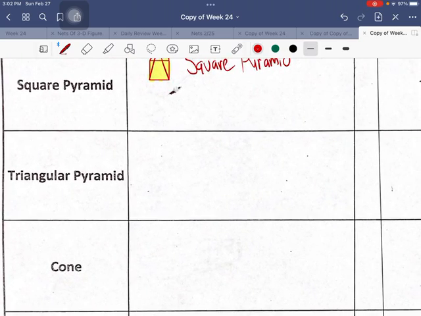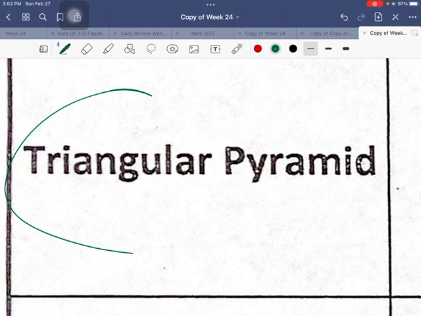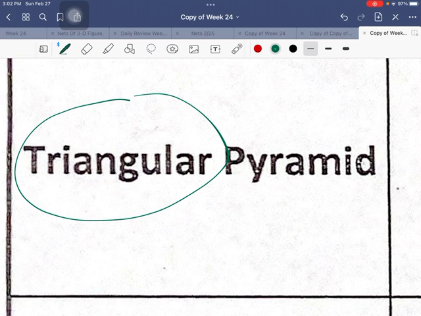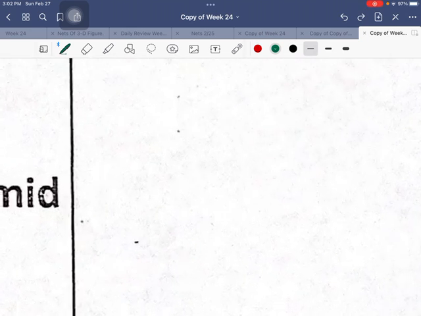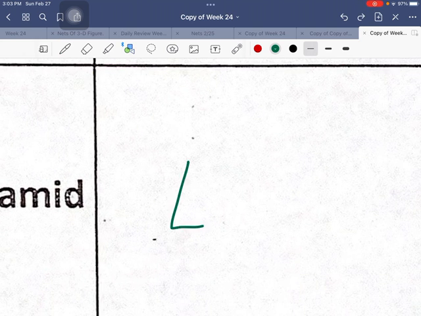And ahora, with a triangular pyramid, what do you think we're going to draw? Okay. A triangle, correct. Let's draw the triangle. No, you know what? A little bit down, because we're going to have something at the top. So there we go.